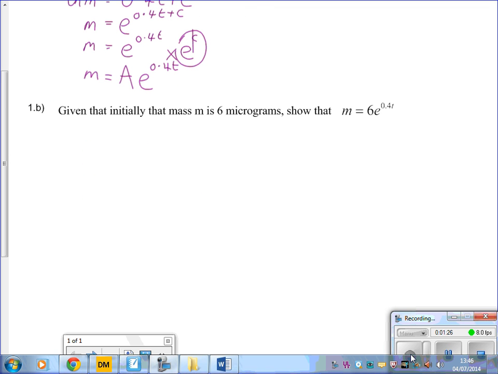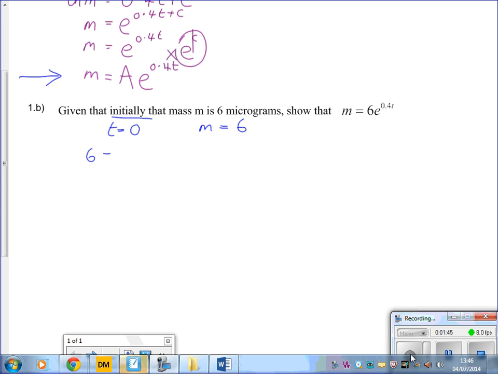For part B, I'm given some conditions. This one here initially, that's telling us that t is equal to 0. The mass m is 6. So we're going to take those two values and substitute it in my general equation.